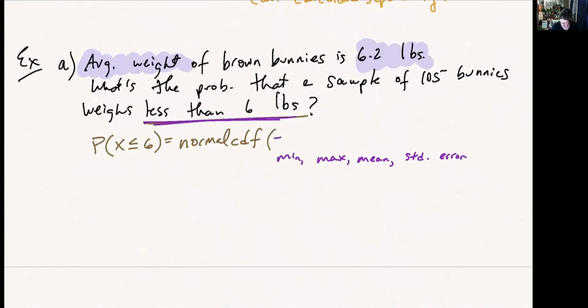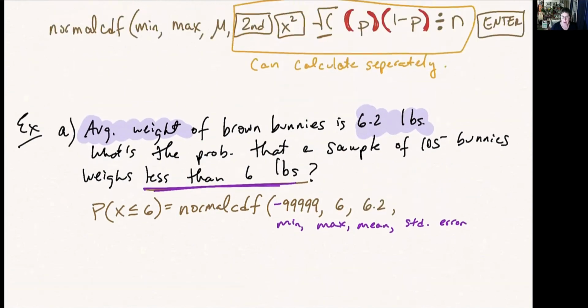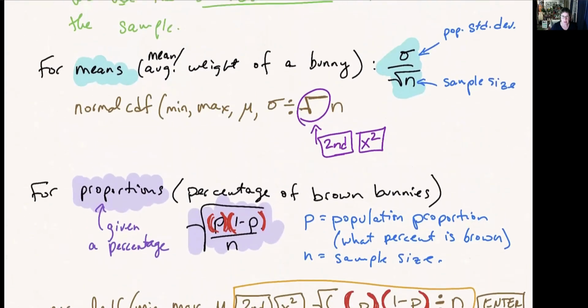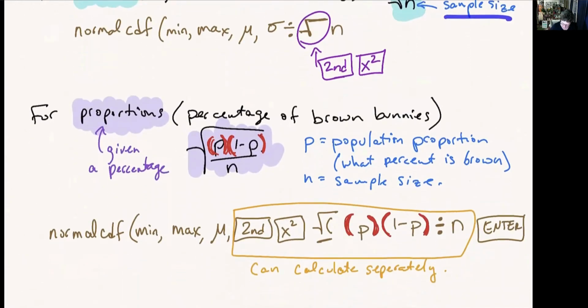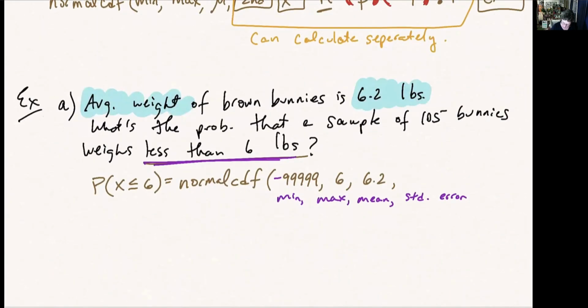My min is negative 99999, and my max is 6. Mean, 6.2 pounds. For the standard error, I'm doing average weight, so I'm doing means, looking at this one here: the standard deviation divided by the square root of the sample size. Oh, I forgot to tell you the standard deviation. Let's say it's, I don't know, 1.2.